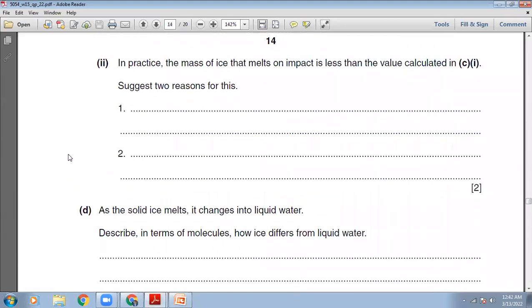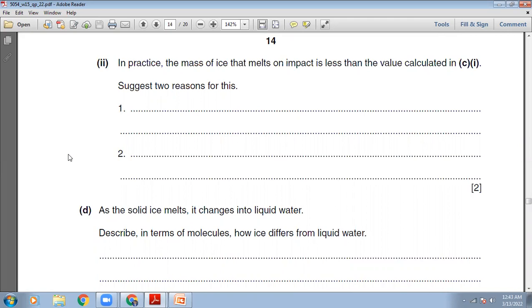Okay, it says in practice, the mass of ice that melts on impact is less than the value calculated in the first part. There are two reasons for this. We have supposed that when the ice hits the ground, all the energy converted is used to melt the ice.